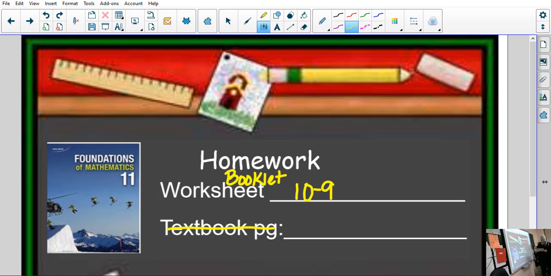So exercise 10-9. We're going to do number 1A, 2A. We'll do 3, I want one with two angles. And with two angles, we'll do 3A. And we'll do 4. So two angles inside, two sides and an angle.